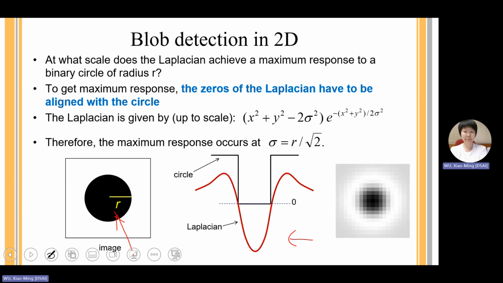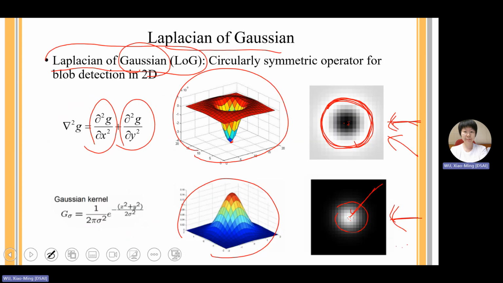Okay, so this LOG function, well, this is just a slice of this LOG function. This function will achieve maximum response when the zeros of the Laplacian, what are the zeros of this Laplacian? I guess it should be here. This is the zero of the Laplacian.